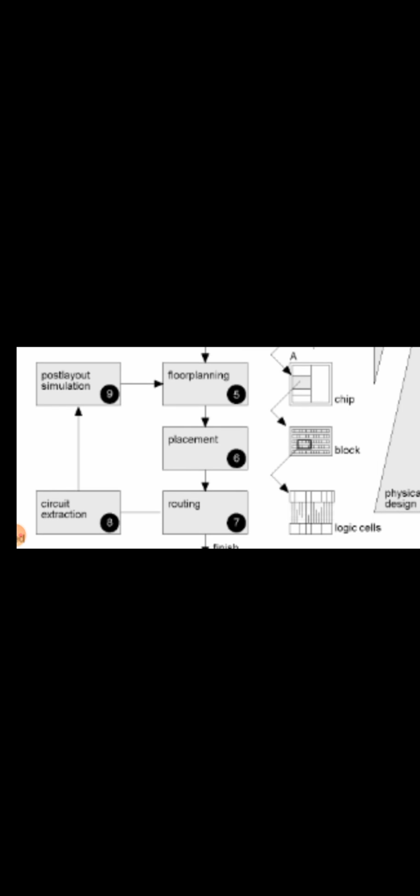The next step is placement, placing the different blocks in an IC. Then routing: after placement, connecting the different logic cells is known as routing. After routing, we have circuit extraction. Next, post-layout simulation.